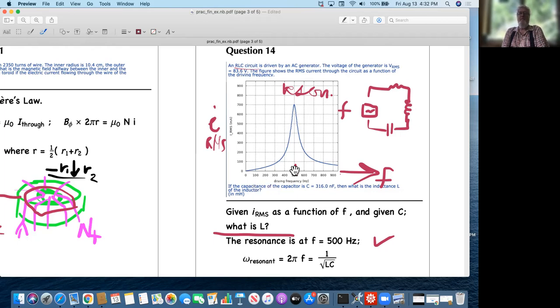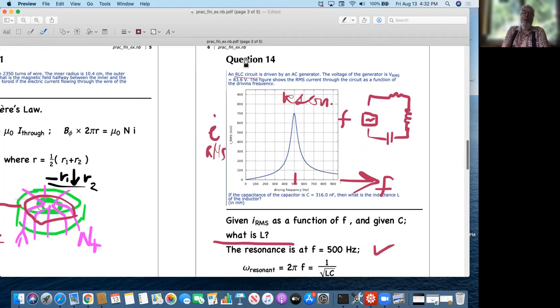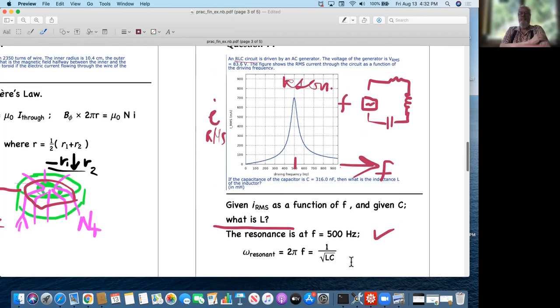From the graph, this is 2 pi times 500, so I can solve for L. That's part 1 of question 14: what is the value of L? It only depends on knowing the resonant frequency.